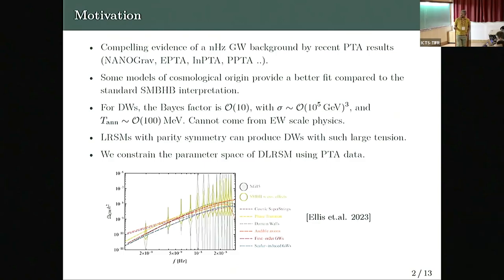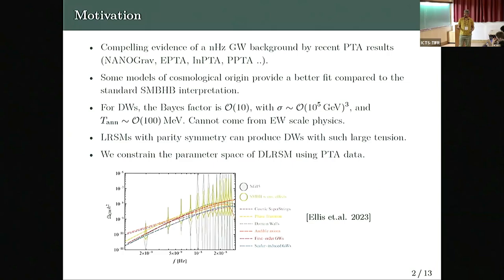It is impossible to source such a large domain wall tension using electroweak scale physics. So if we want a microscopic description, we need to look for higher scale physics. One very well-motivated class of models are the left-right symmetric models, because they have a parity symmetry that we can impose, which is spontaneously broken, and that produces domain walls with large surface tension.